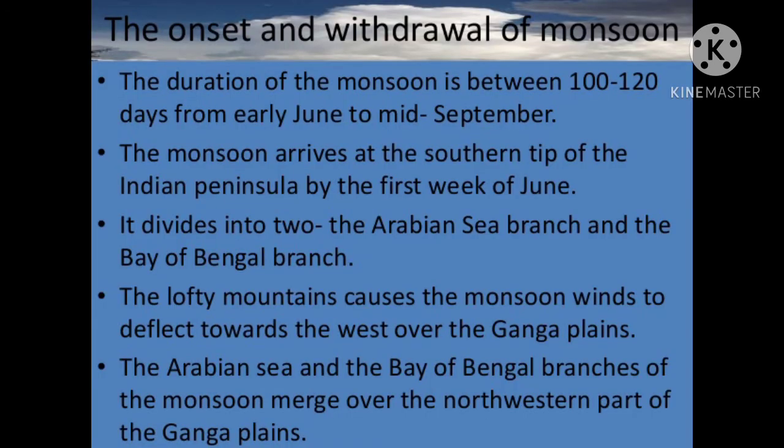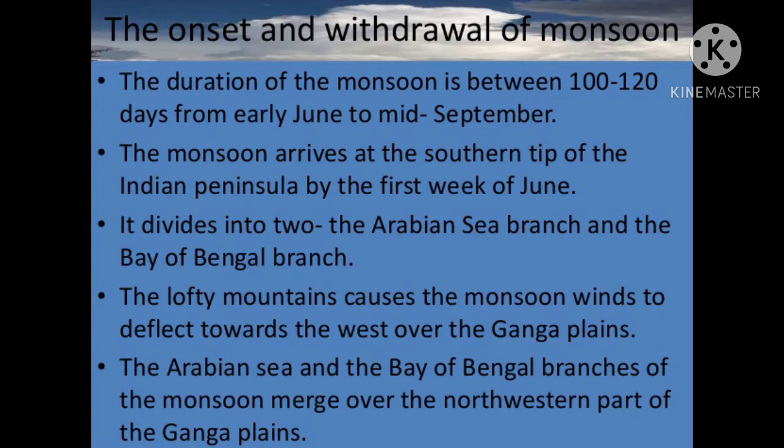In other words, we can say the onset of monsoon is due to the rapid rise in temperature in May over northwest India. The air pressure decreases and low pressure is established there. To fill up this area of low pressure, air is drawn in from the Arabian Sea and Bay of Bengal.